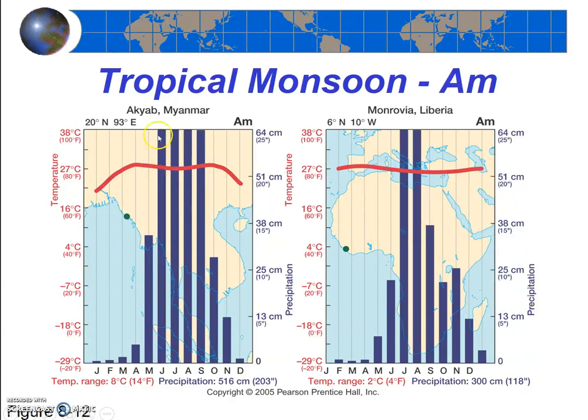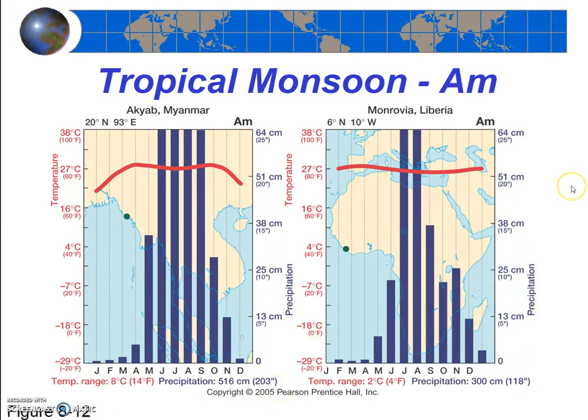Also notice the literally off-the-charts rainfall that is experienced 2 to 4 months during the year. And check out the total rainfall. 118 inches here and a whopping 203 inches in this station.